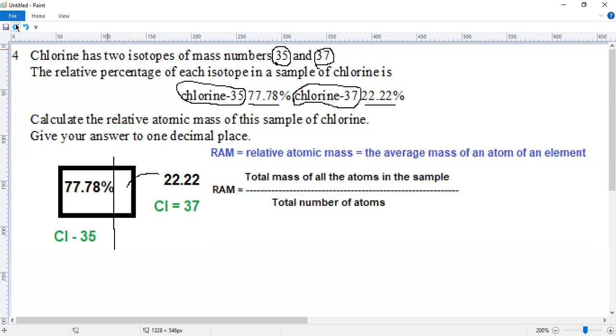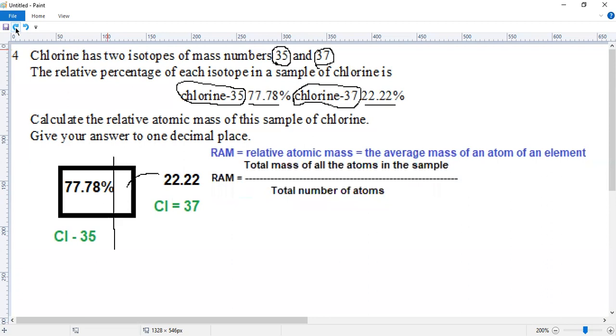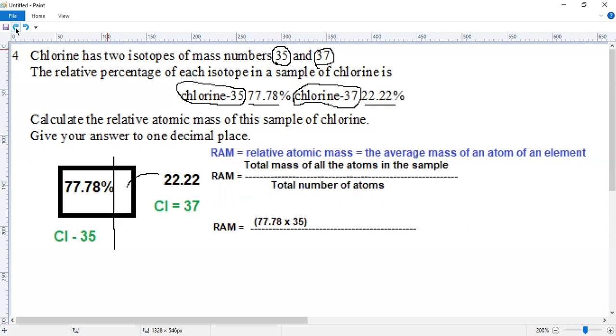If you go a bit further, we can think about how these values are going to be added into this. Let's see how we are going to get the mass of individual isotopes. Relative atomic mass is equal to, now see, 77.78 into 35. It is because 77.78% of this sample is chlorine 35.